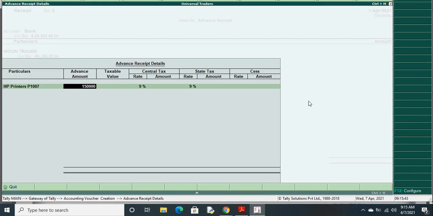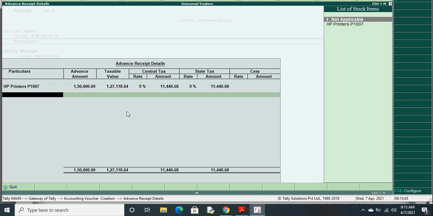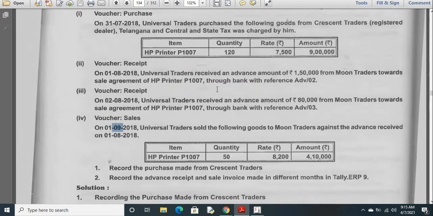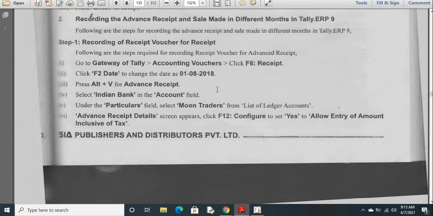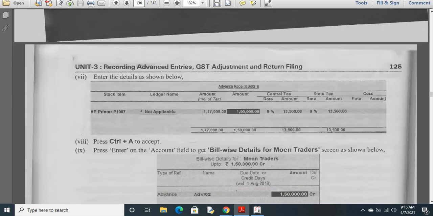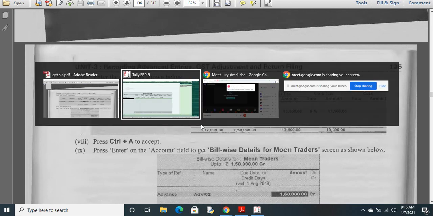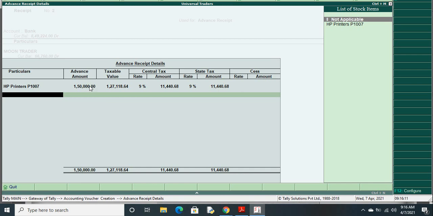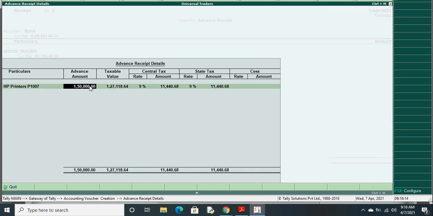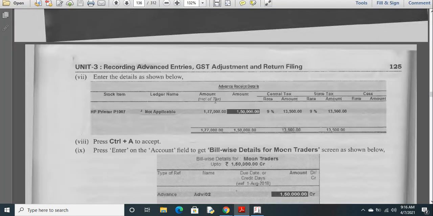In this 1,50,000, some taxes are already included. The tax amount included is 11,440, 11,440. That screen will look like this. Total is 1,77,000.